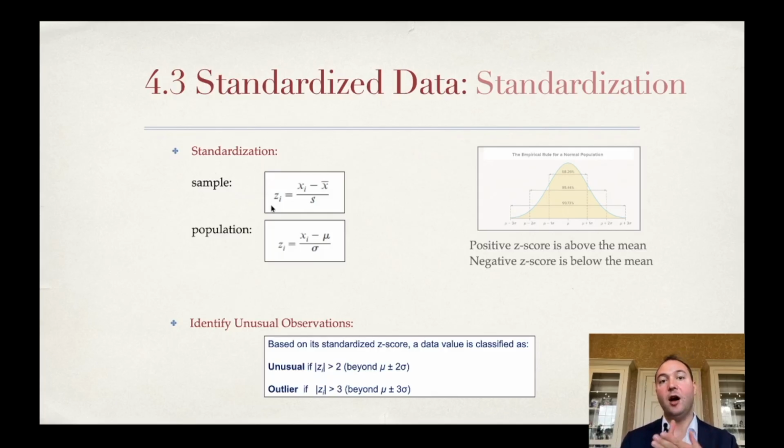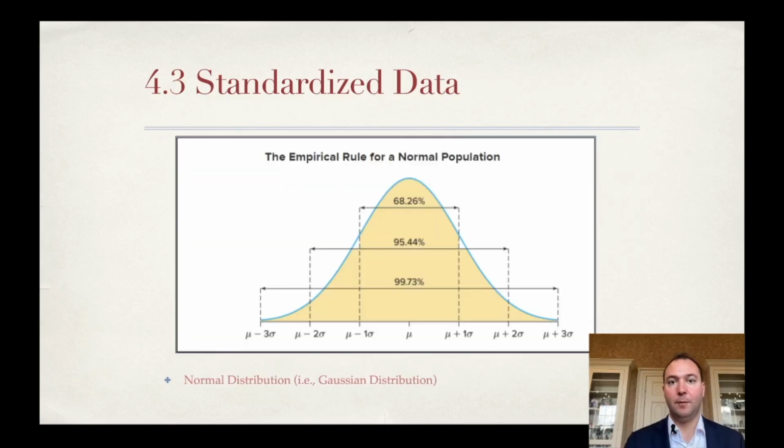This tells us how much that individual observation varies from our mean. Because the normal distribution is so ubiquitous across measuring many different attributes of many different things, it's very useful to standardize data so we can compare individual observations across different attributes.